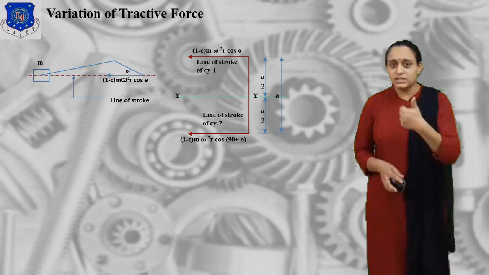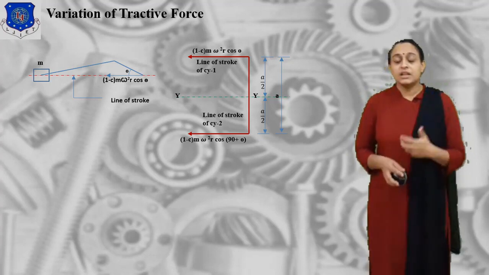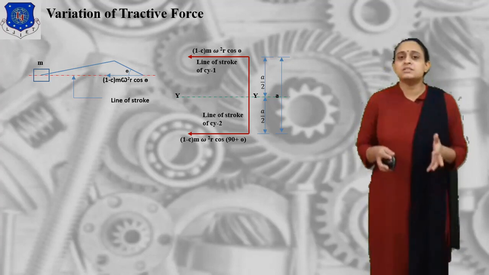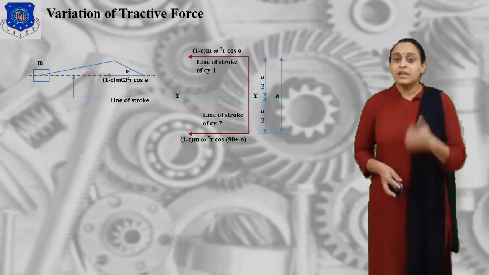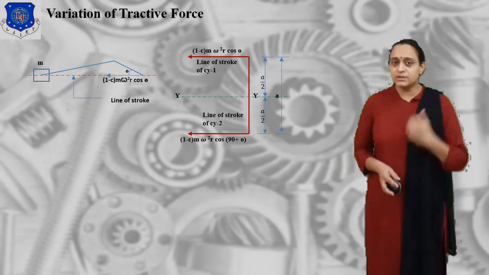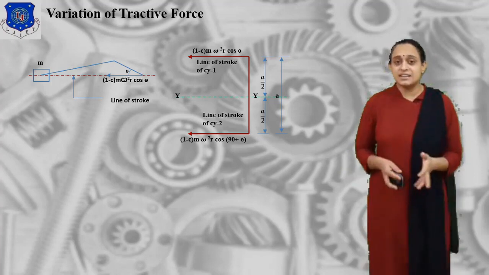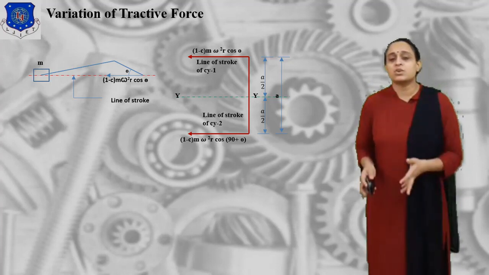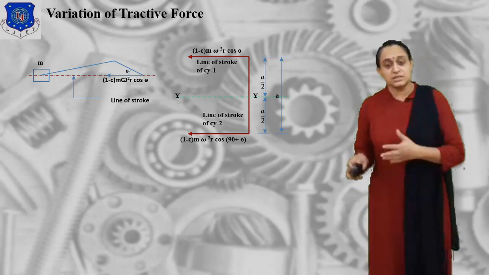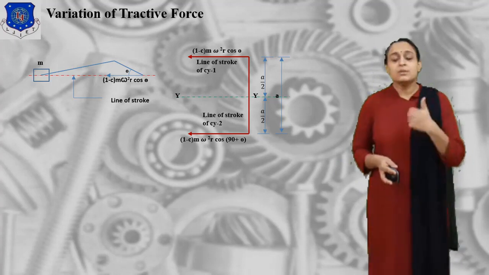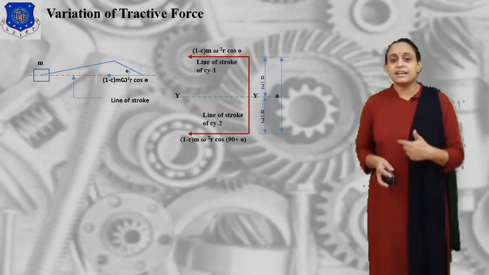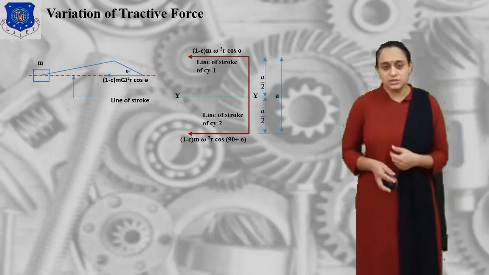Along the line of stroke of cylinder 1, the force is (1 minus c) m omega square r cos theta. Along the line of stroke of cylinder 2, the force is (1 minus c) m omega square r cos (90 plus theta). Why 90 plus theta? Because both the cranks are at 90 degrees to each other.